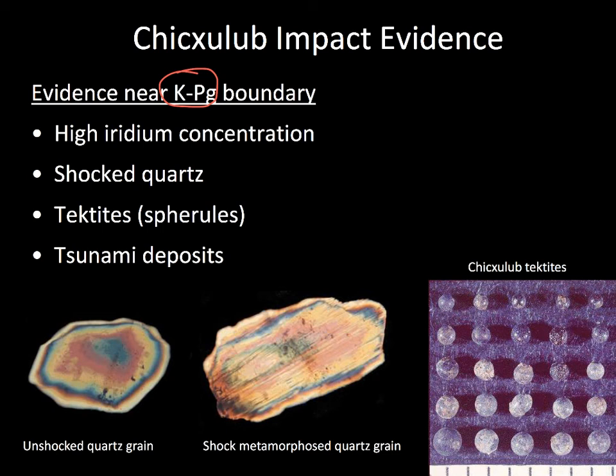There are a lot of different outcrops, sites around the globe where you can see the interface between the Cretaceous and the Tertiary, or more recently named the Cretaceous and the Paleogene. Those specific lines of evidence are itemized here: iridium, shocked quartz, tektites, and tsunami deposits.